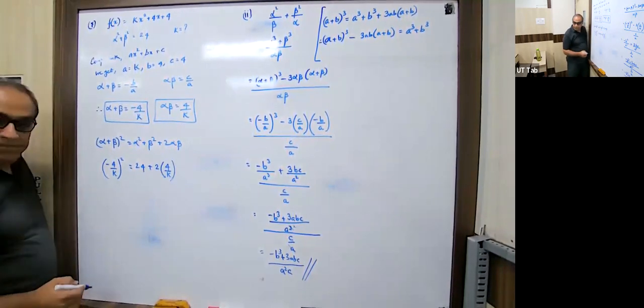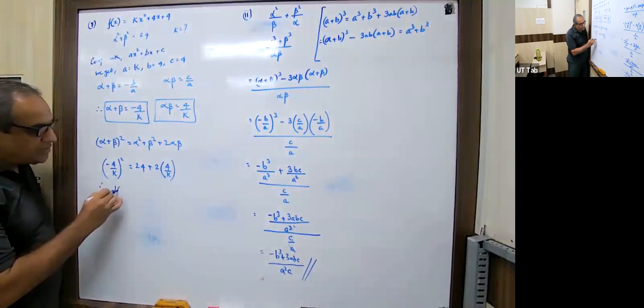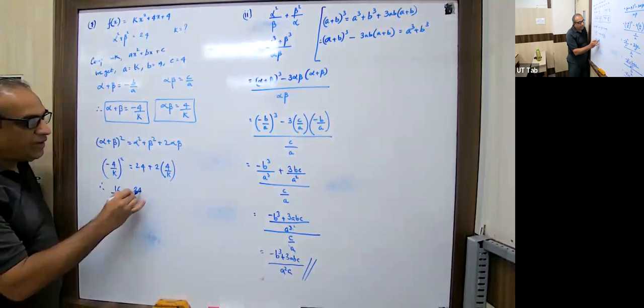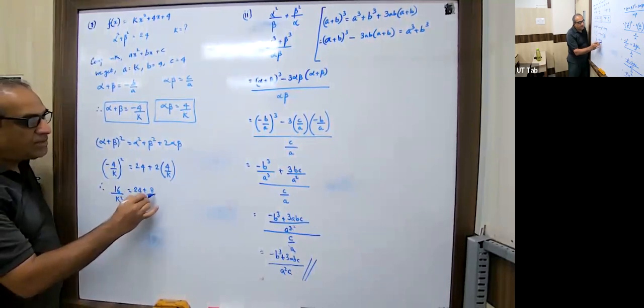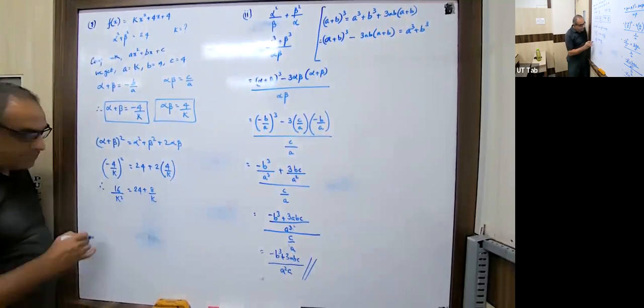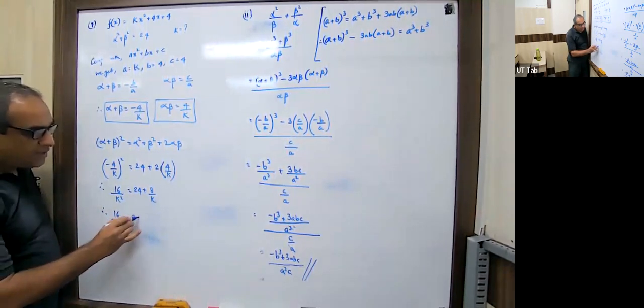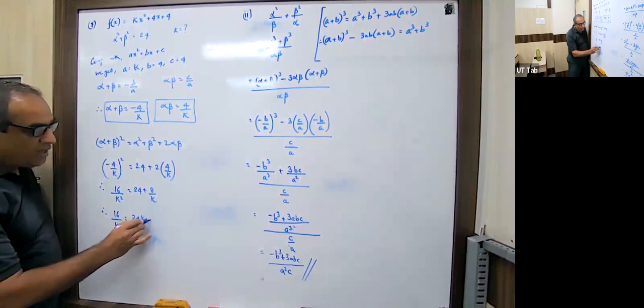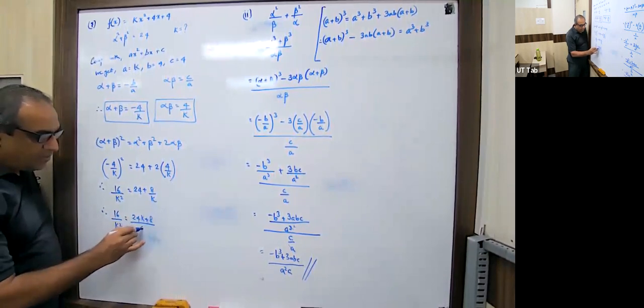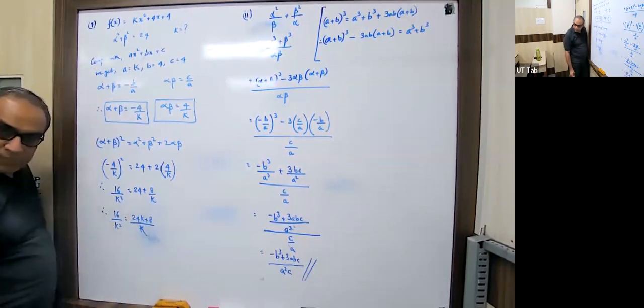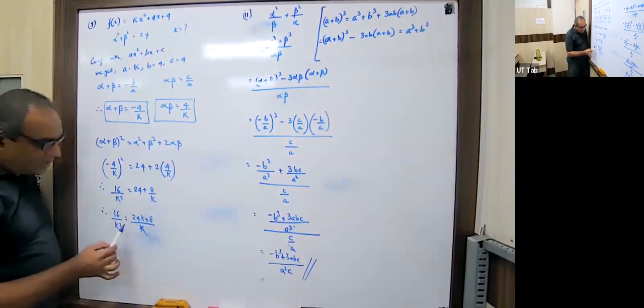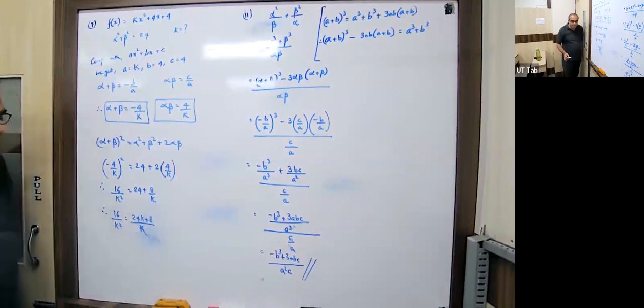Substitute कर लिया. 16 by k squared is 24 plus 8 by k. 8k गया, ठीक है.